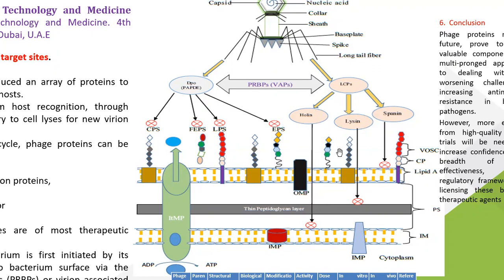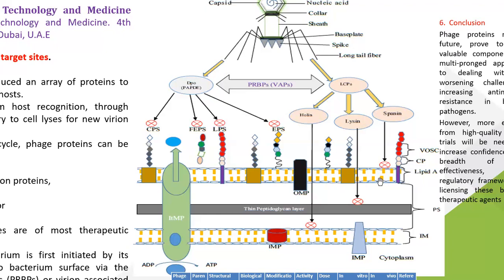Sometimes the most described lysis cassette protein is the lysin, and the terms lysin and endolysin are often used interchangeably. However, those that act on the peptidoglycan after phage adsorption to the host cell surface are known as virion-associated lysins, or virion-associated peptidoglycan hydrolases, or tail-associated lysins.